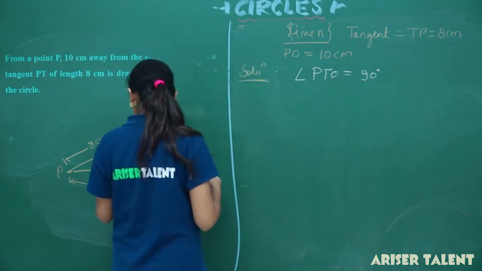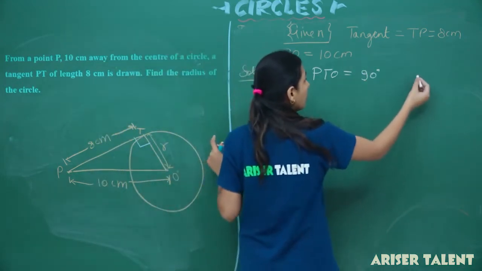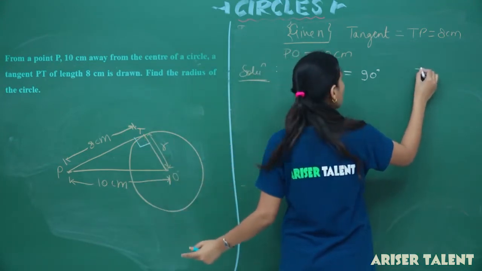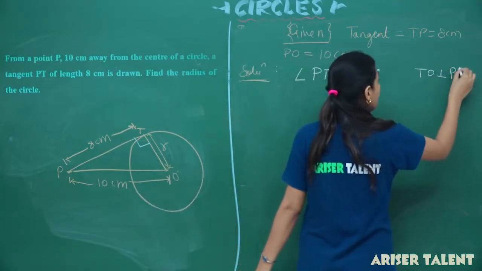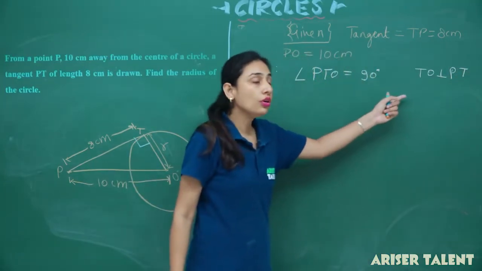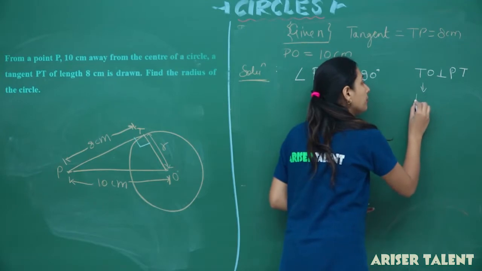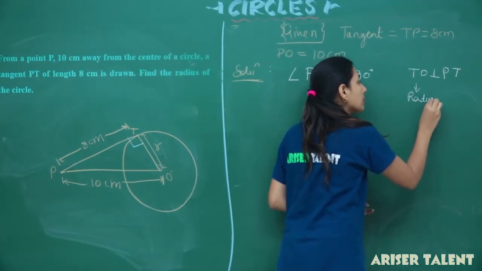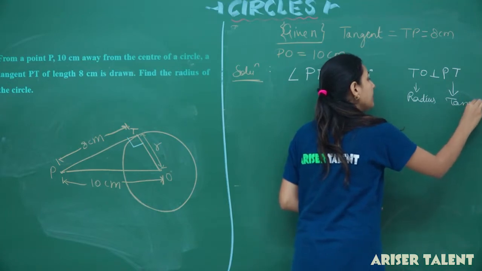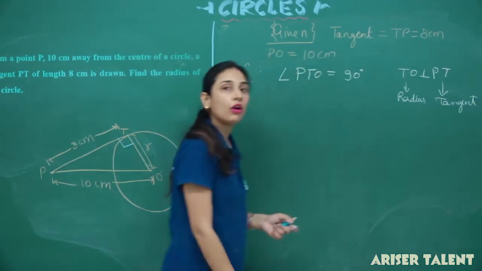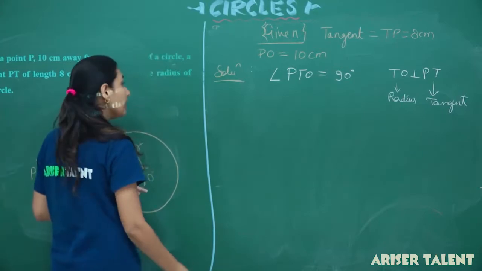Why is it 90 degree? Because this TO is perpendicular to this PT. Why? Because TO is your radius, and this is PT, which is a tangent. So, tangent and radius will always be perpendicular. So, it is 90 degree.